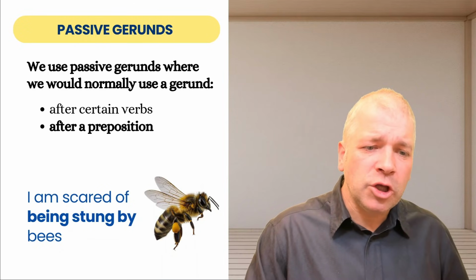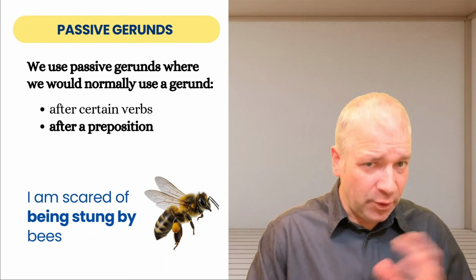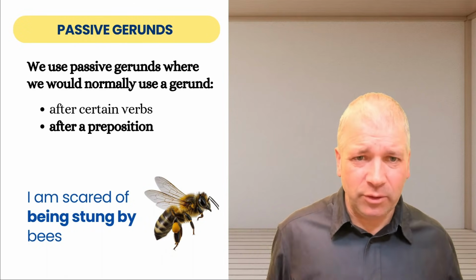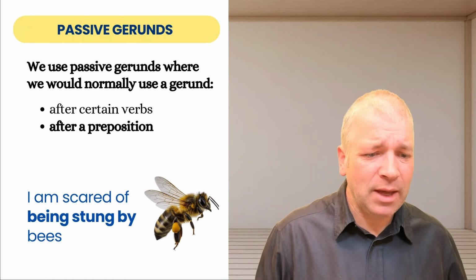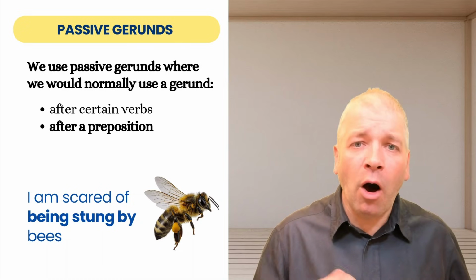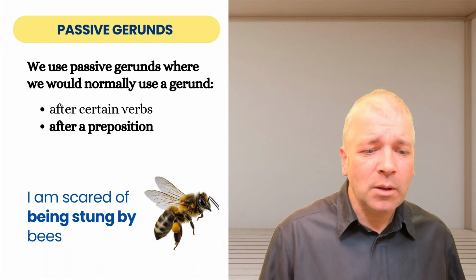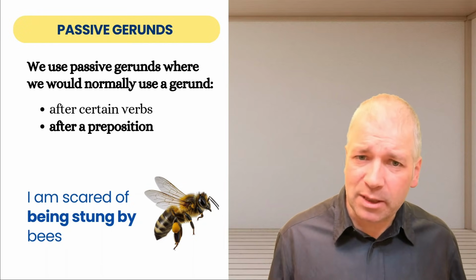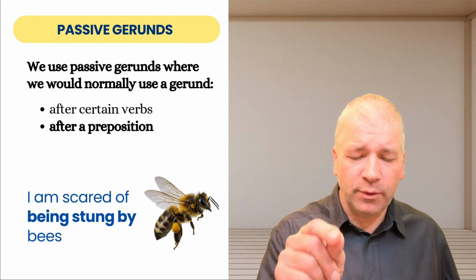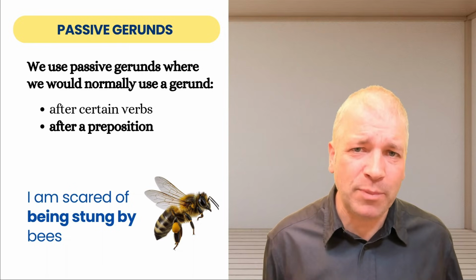We also use gerunds when we put verbs after prepositions to turn them into nouns. For example here, "I am scared of being stung by bees." So the key thing here is the word of. Of is a preposition.